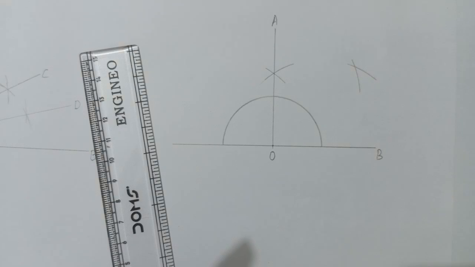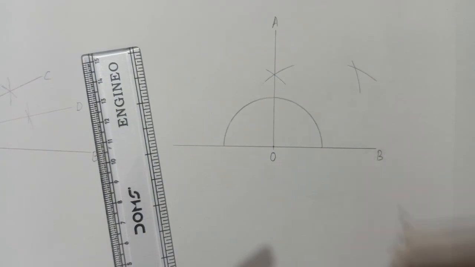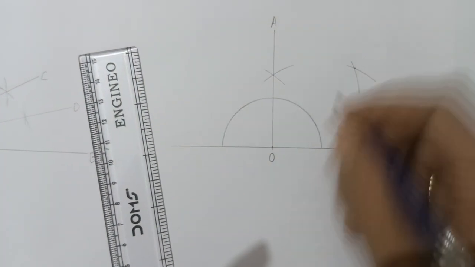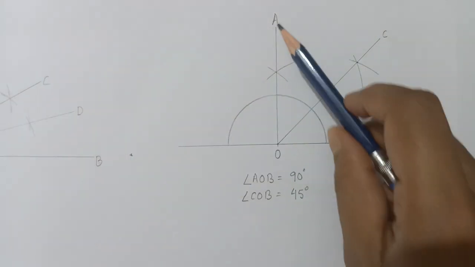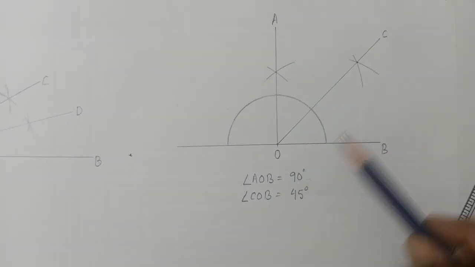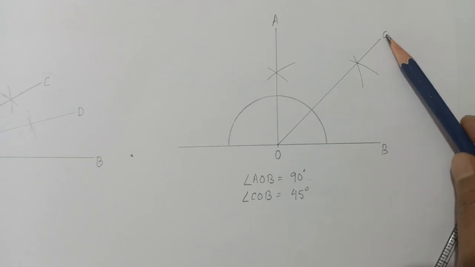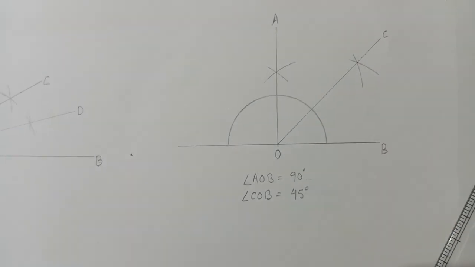See, done. Now we have to join these two dots. So the angles we got are AOB, which is 90 degree, and the bisector of 90 degree is 45, which is COB.